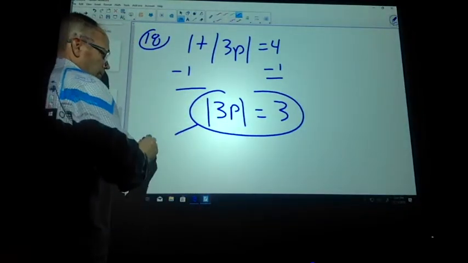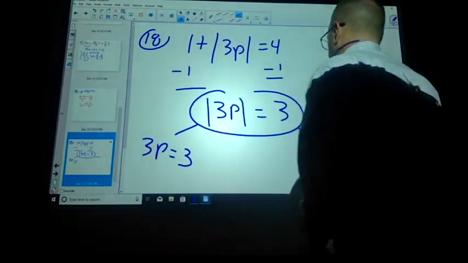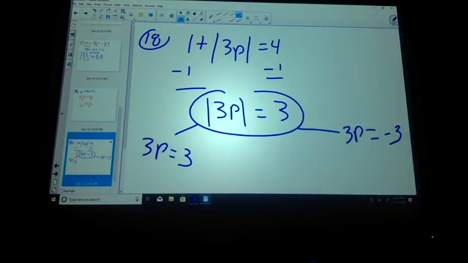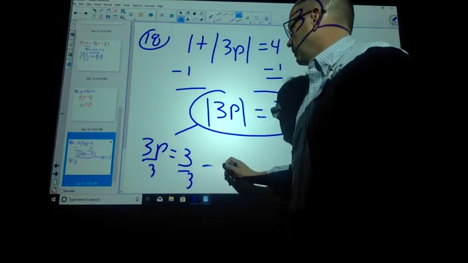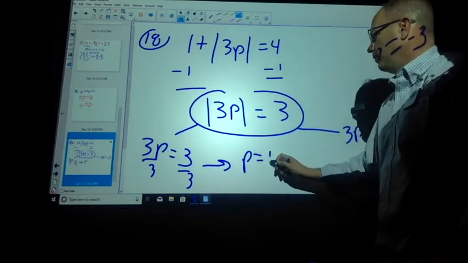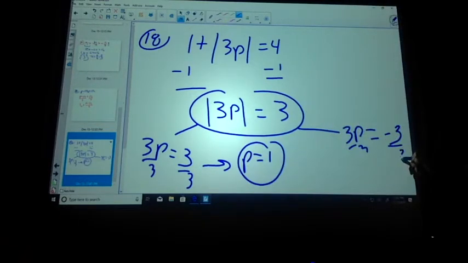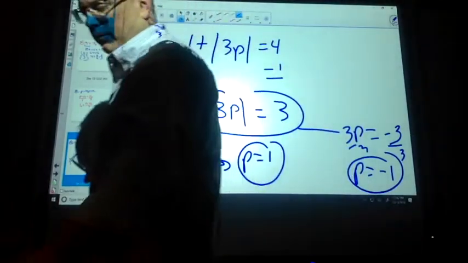So we're going to have one being this and one being this. Then I can divide by 3, so that's going to give me p equals 1. And this one, divide by 3, p equals -1. So we have 2 answers there. And it's C.